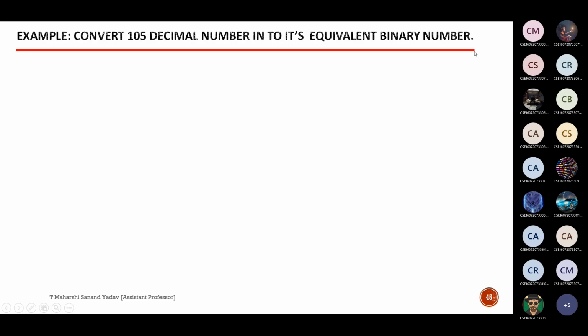Convert 105, which is in decimal, into binary. So what is the first step? We need to divide it by 8 or 2? 2. We need to divide it by 2.